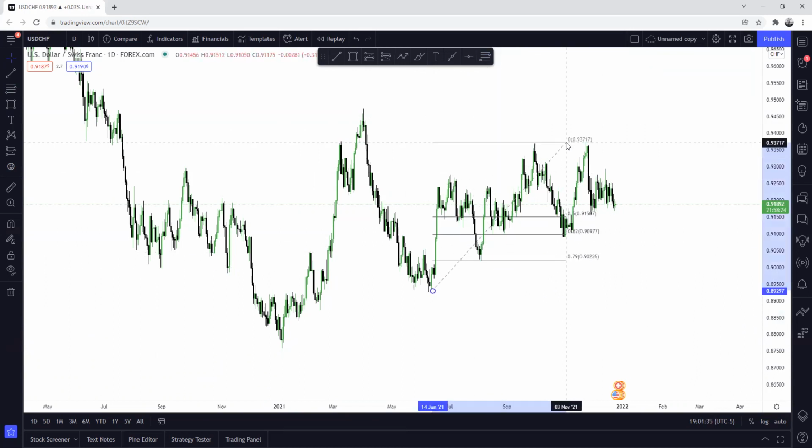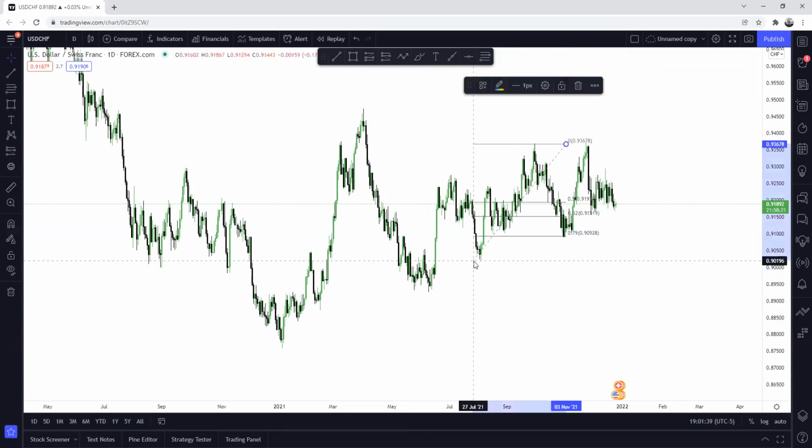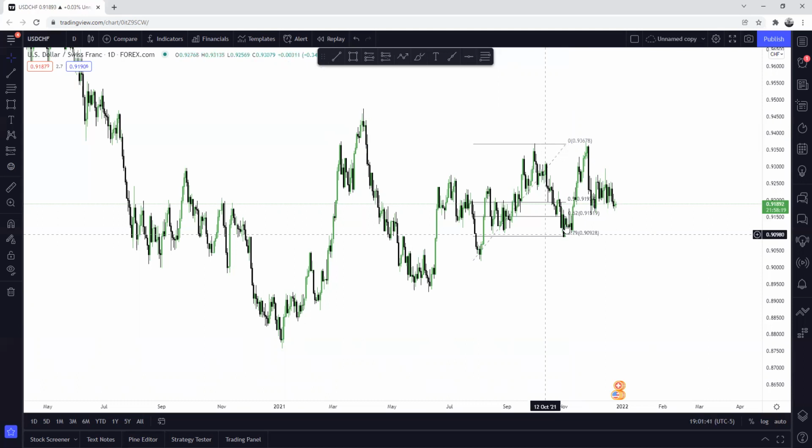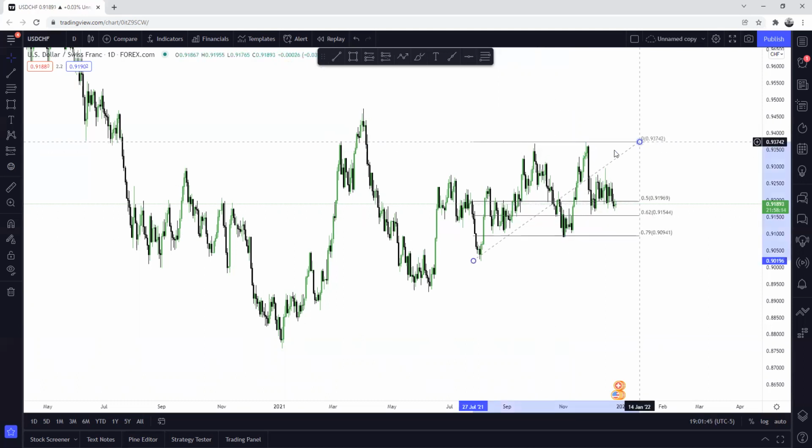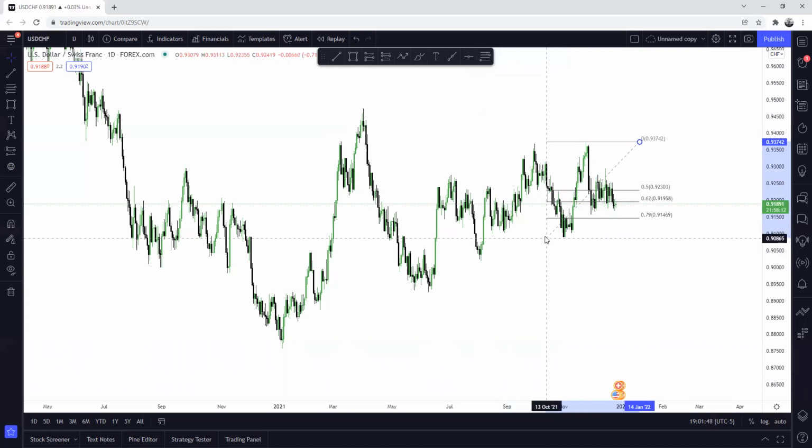Again, take this high and this low, price is at a discounted range at the 0.79. This high and this low, price is now below equilibrium. So this is where we're ultimately looking to buy UF.